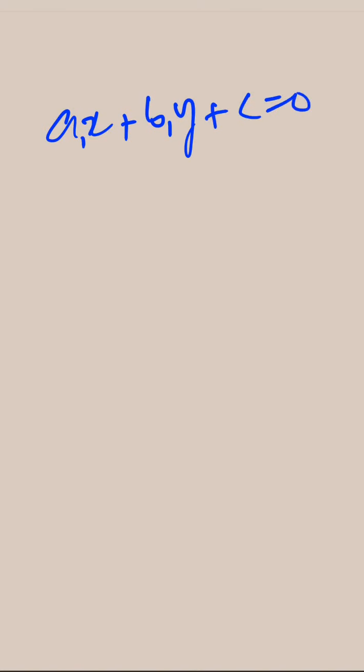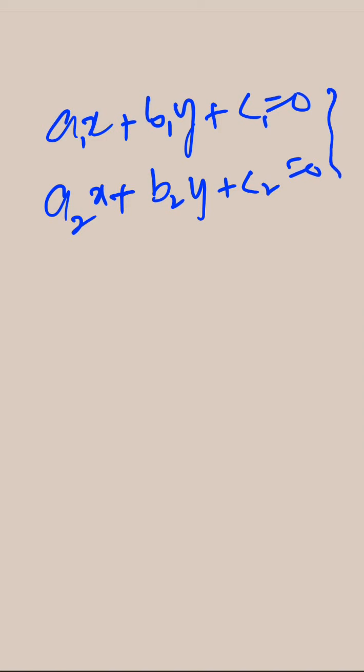Generally, pair of equations, just now I told you about pair of equations, means two equations will be there in the form of a1x plus b1y plus c1 is equal to 0, and a2x plus b2y plus c2 is equal to 0.